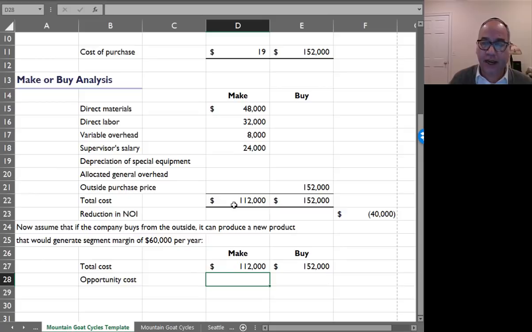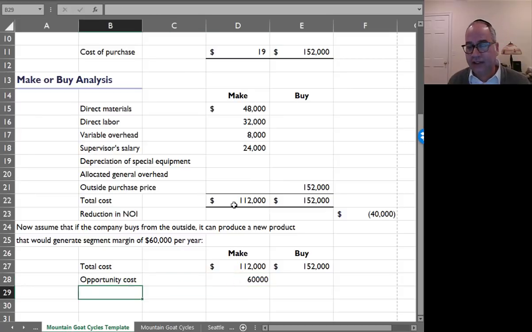You just have to be very careful to understand this. Don't do it in a mechanical way. If you understand this, it'll be much easier. If I make it, I'm going to incur $60,000 in opportunity costs related to the new product that I can't make.